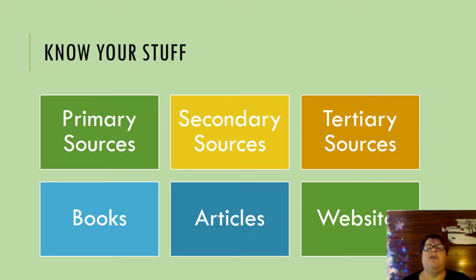This applies to other fields besides literature as well. For example, in a psychology course, I could research a mental illness such as depression. When I look at what experts write about it, those are secondary sources. An interview with a person suffering from depression, or letters or diaries written by depression sufferers, would be primary sources.